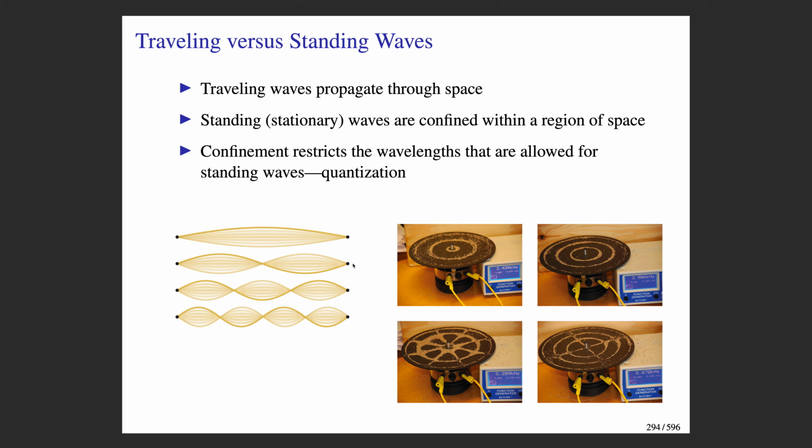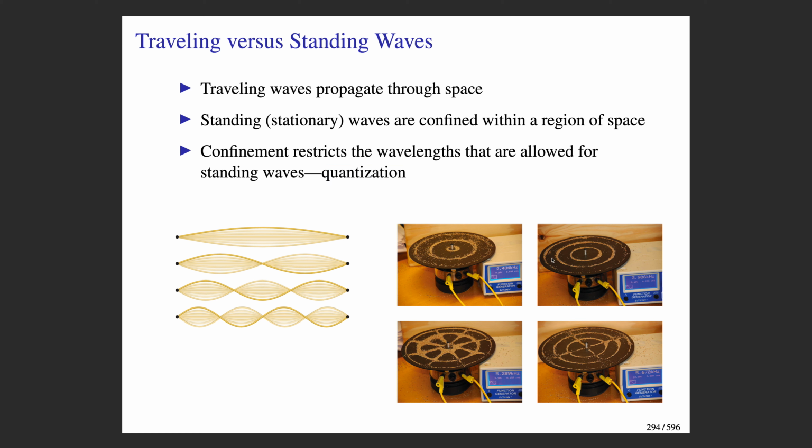No other wavelength between these two will fit. If you keep going further, here you have exactly 2 wavelengths between the two posts. This is the next lowest wavelength that will fit, and then you keep going like that. So these standing waves have restricted wavelengths. They are, in a sense, quantized.